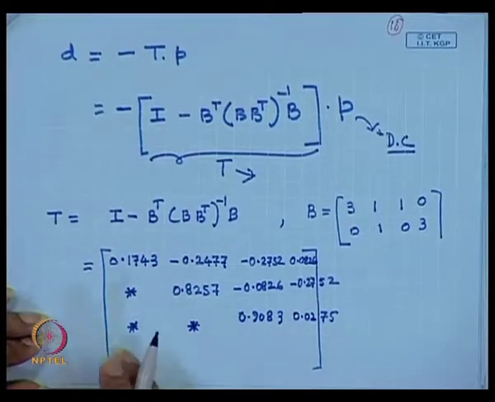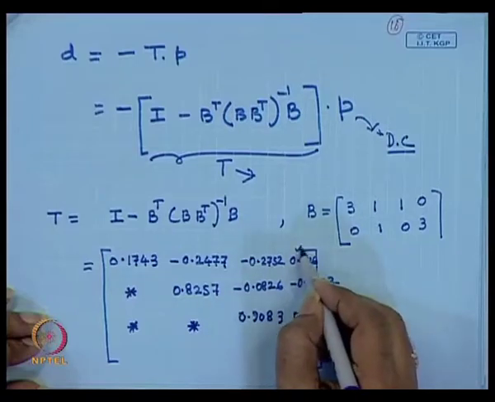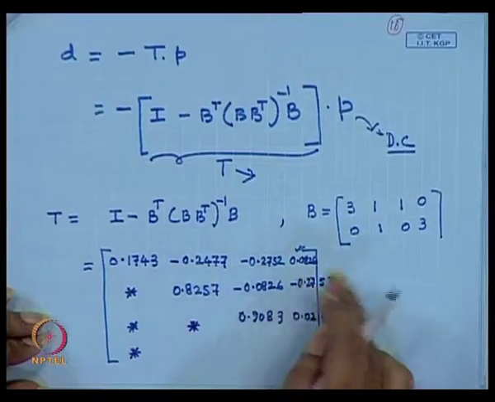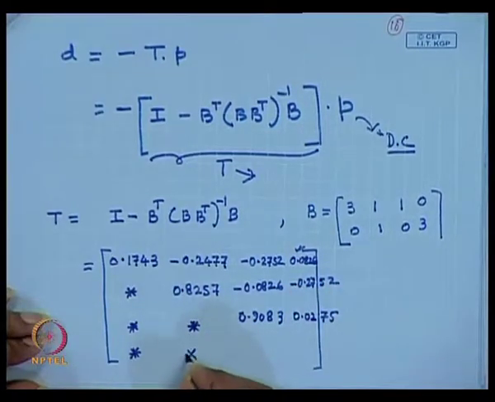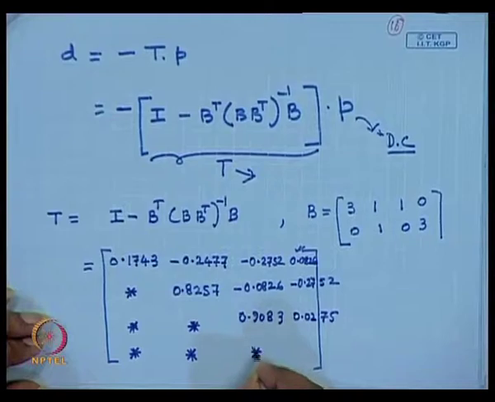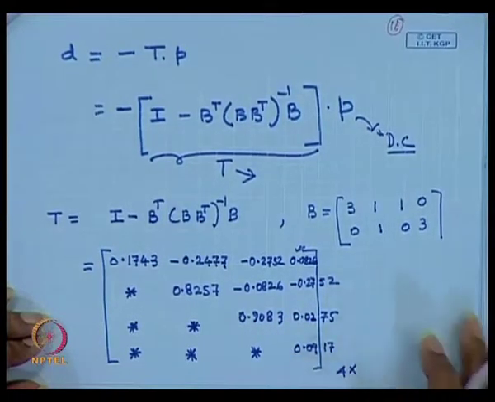Now the fourth row: 1 4 is the same as 4 1 because it is a symmetric matrix, star. Then the 4 2 element is the same as the 2 4 element, that means this element is here. Then the 4 3 element is the same as the 3 4 element. Now the 4 4 element is 0.0917. So, this matrix dimension is 4 by 4.